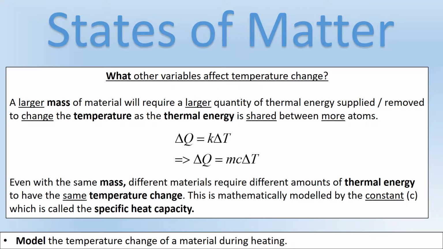So the average kinetic energy will not increase as much. So we know essentially that constant we had, part of it will be something to do with the mass. But that still does not fully describe what happens as thermal energy is supplied. So we've developed this other concept called specific heat capacity to explain the differences we get between different materials.